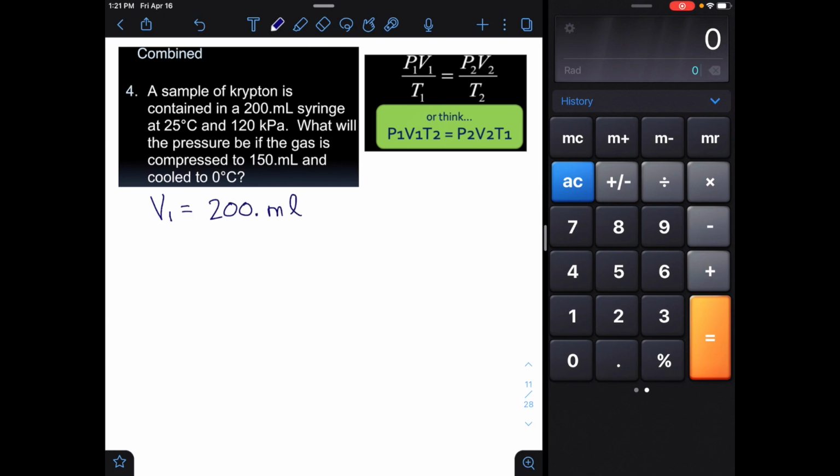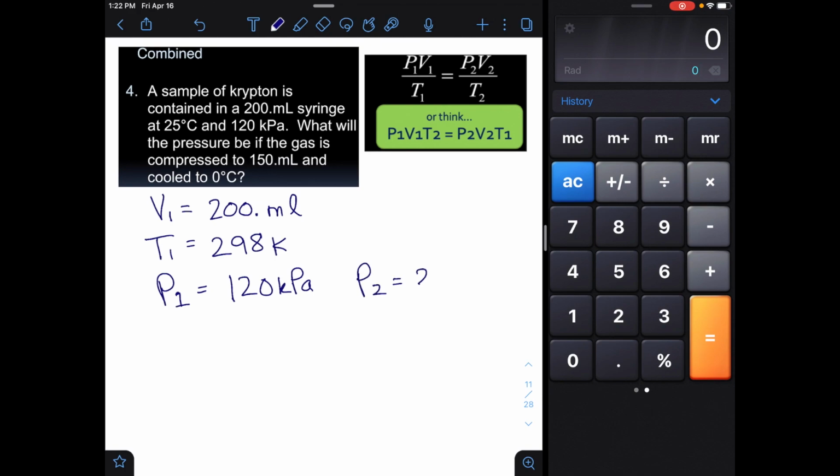So that's a volume at a temperature of 25 degrees Celsius or 298 Kelvin and a pressure of 120 kilopascals. It says, what will the pressure be?